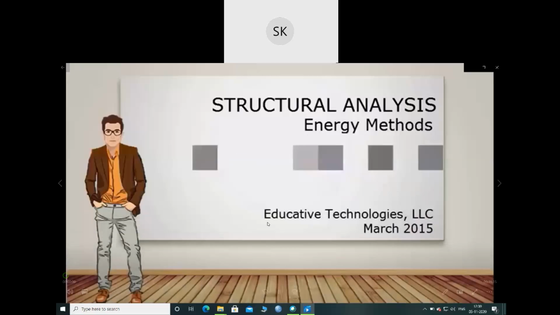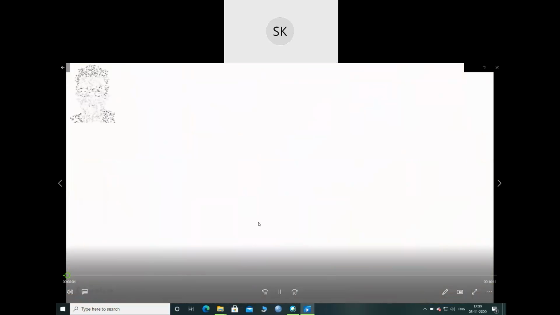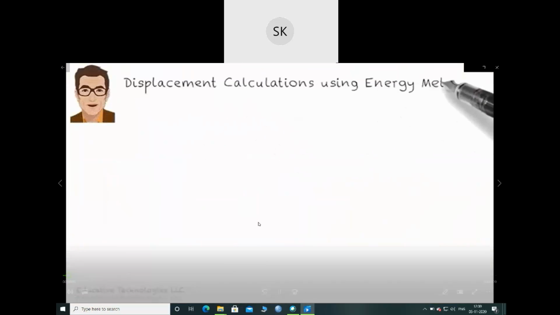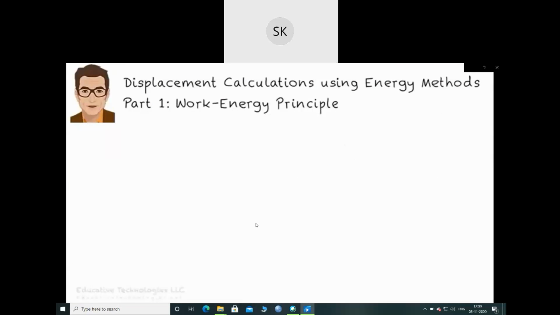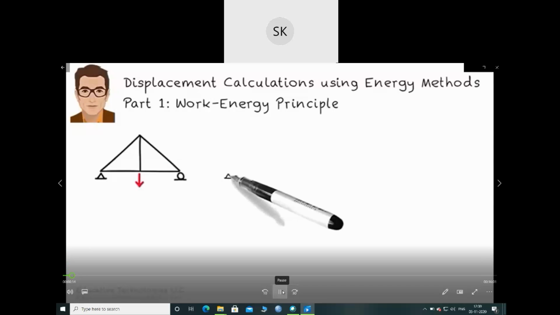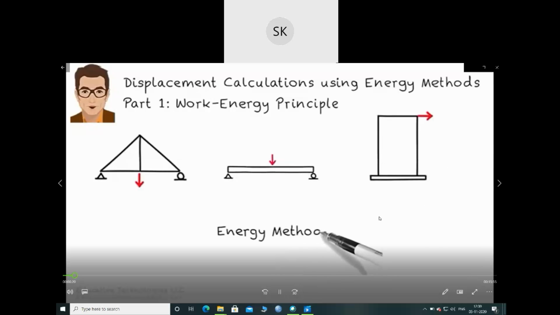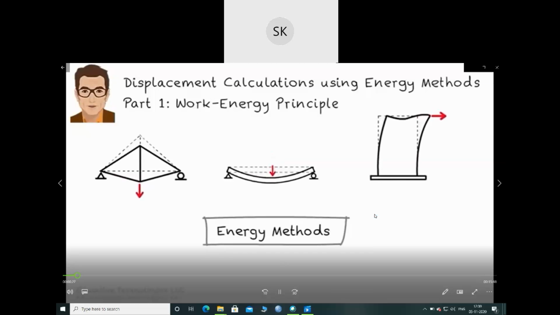Work energy principle. Calculating displacements in structures using energy methods. Part 1, Work Energy Principle. Energy methods, such as the method of virtual load, have been widely used for calculating deflections in trusses, beams, and frames.